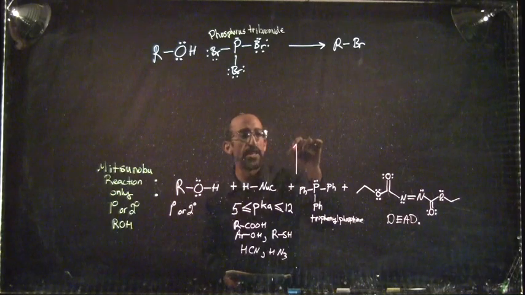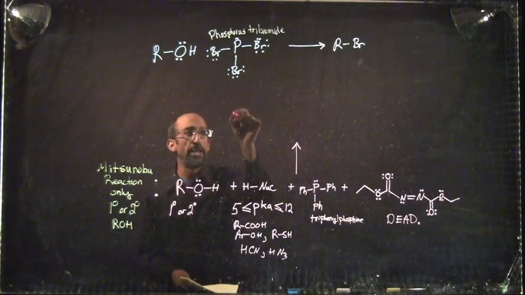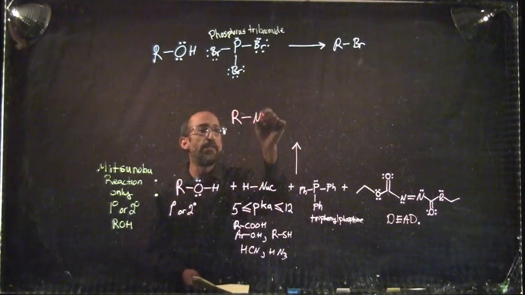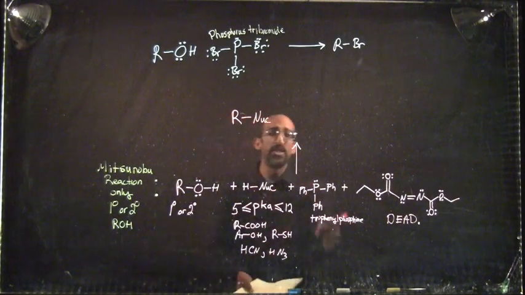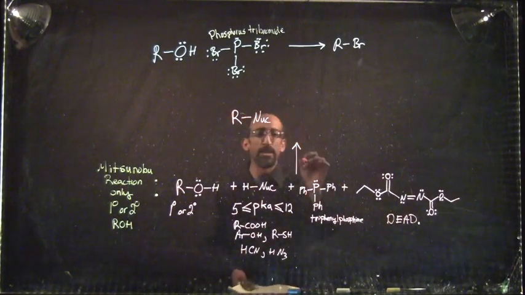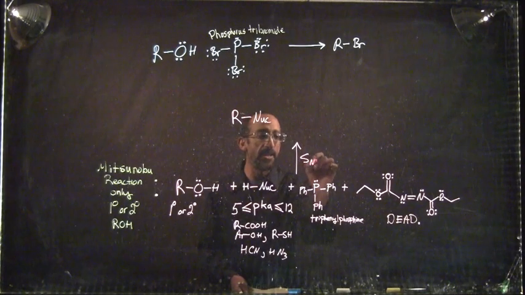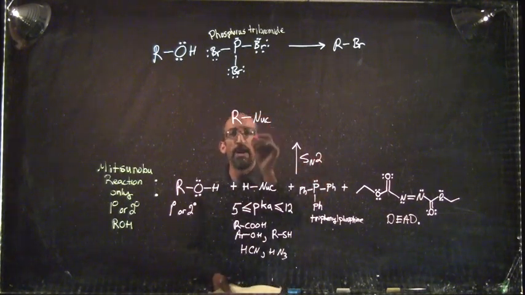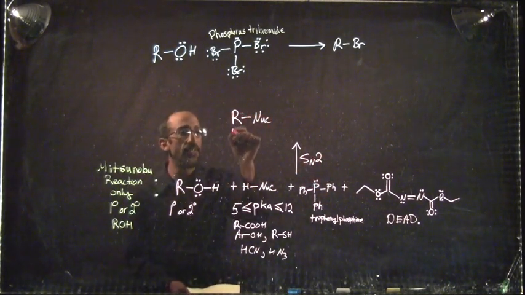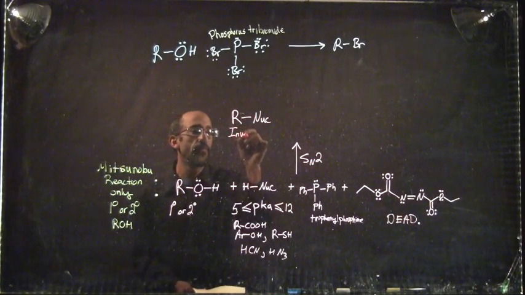So overall, this transformation will produce our nucleophile attached here. We're going to see in part 2 that this proceeds through an SN2 mechanism, and that this product will result in an inversion of stereochemistry.